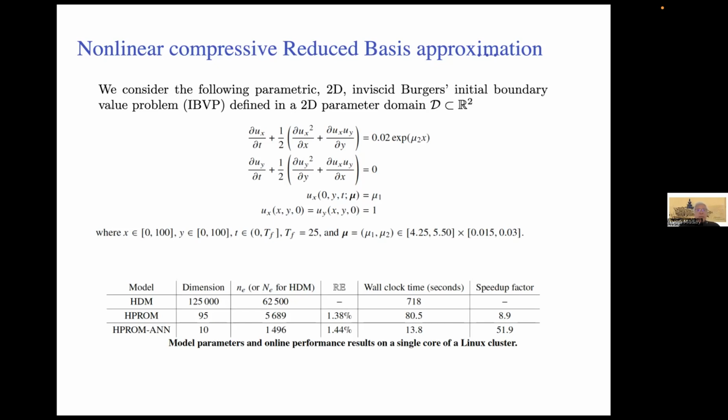Now, if we use this nonlinear compressive reduced basis approximation based on only 10 degrees of freedom with something like 140 total number of Kolmogorov reduced basis, meaning that we have 130 coefficients in the reduced basis that are expressed as a function of only the first 10 coefficients. The wall clock time is reduced to 18.8 with a speed up factor of about 50, with almost the same accuracy, and based also on fewer points, because we also used this possibility here.